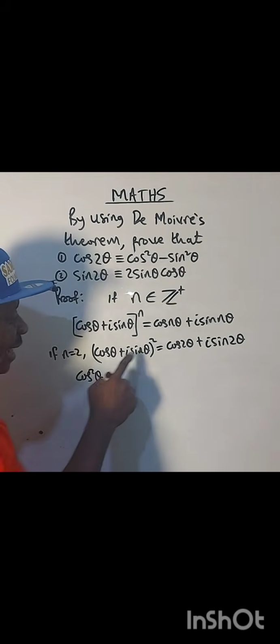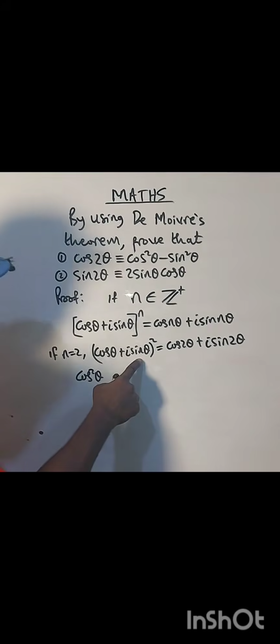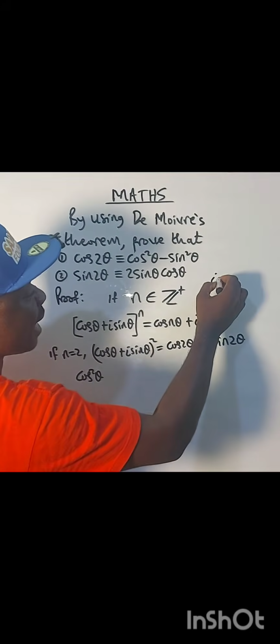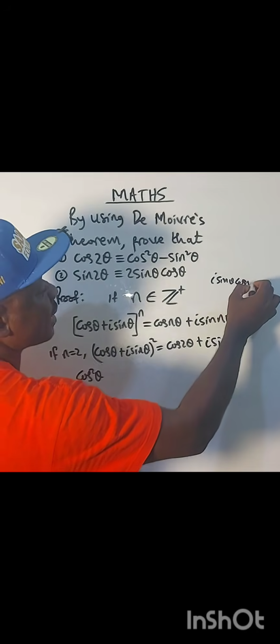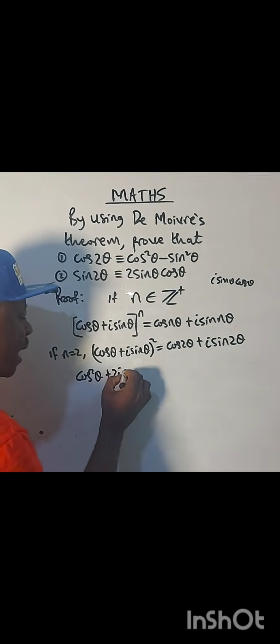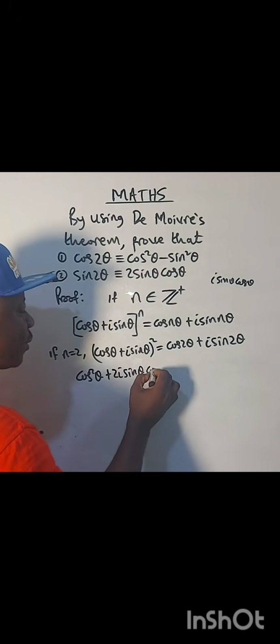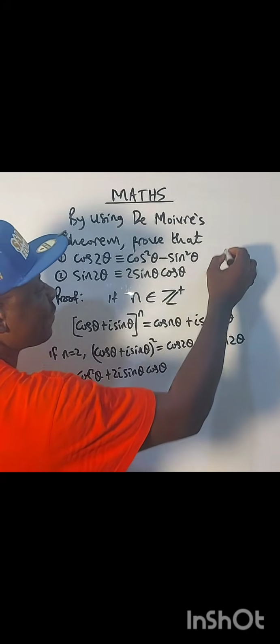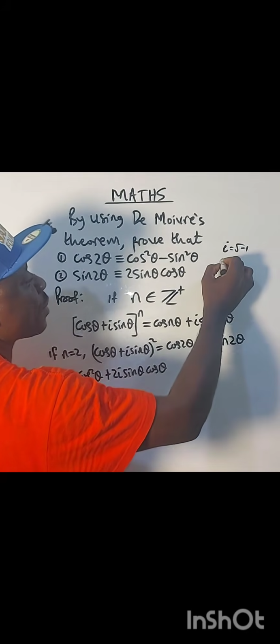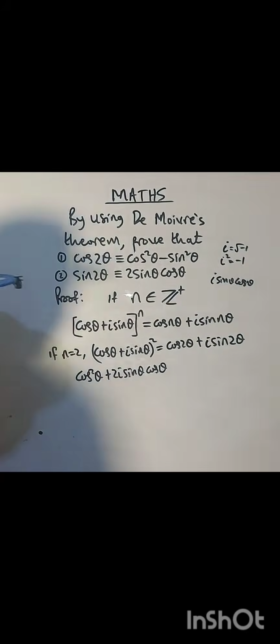Then I'll have this times this, this times this will give me i sin theta cos theta. I multiply it the second time again, so that will give me plus 2i sin theta cos theta. Then i sin theta raised to the power 2, i itself, i is the square root of minus 1, so i squared is going to be minus 1.